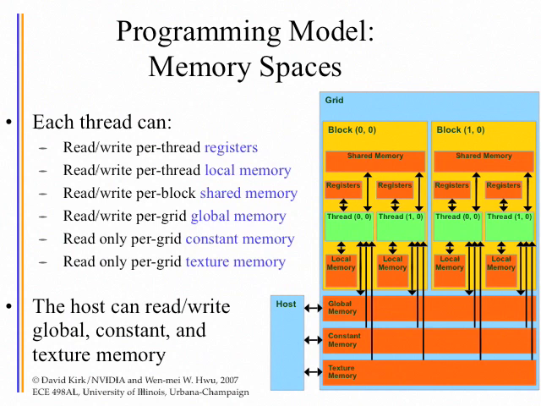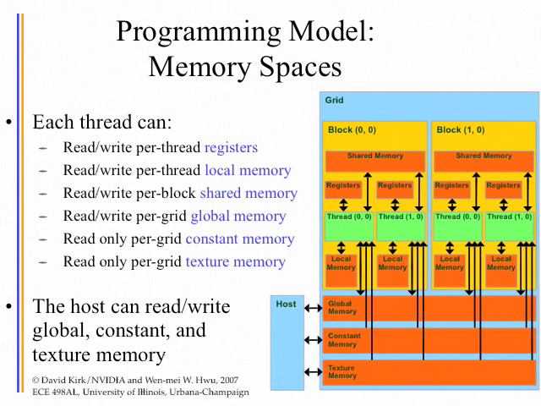In the current generations, local memory is actually in DRAM. It's called local memory, but it's not local at all. It's very far away. It's local in the sense that it can only be accessed by the thread, but in a very, very slow way. Don't be surprised. Avoid this at all costs.